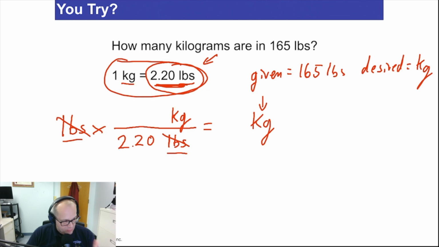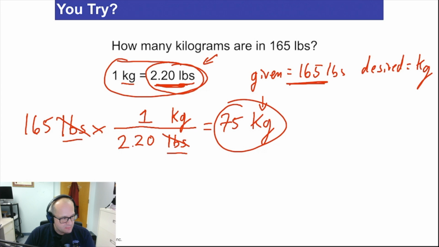Make sure you get that. That's important. And the number 1 comes up here. And the given, 165, goes right there. So take out your calculator. 165 divided by 2.2. 75 kilograms.